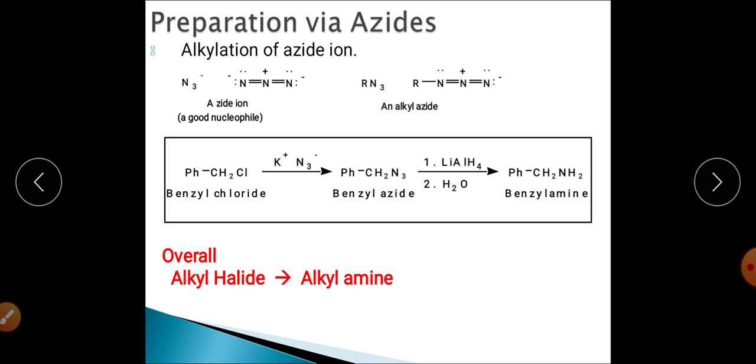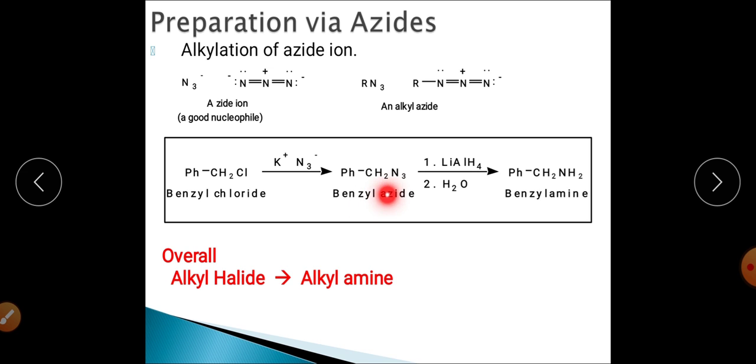After this, I am coming directly to the azide reaction, that is, preparation of primary amine using azides. This is your azide, and it acts as a good nucleophile, right? When azide is reacted with an alkyl halide, for example benzyl chloride, the benzyl chloride on reaction with potassium azide will get converted into benzyl azide through a nucleophilic substitution reaction, the reason being that azide is acting as a good nucleophile.